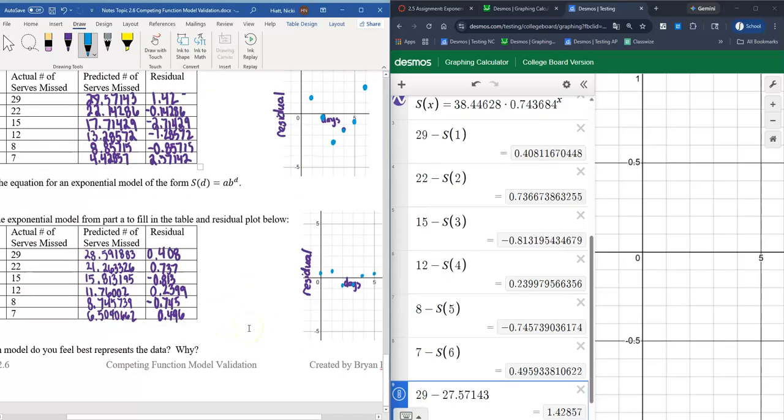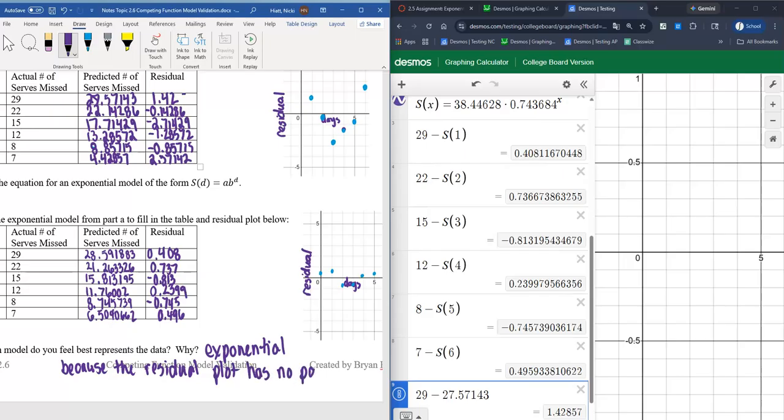So now that I've fixed my horrible mistakes, I would say exponential because the residual plot does not have a pattern. Okay, sorry about my mistakes there.